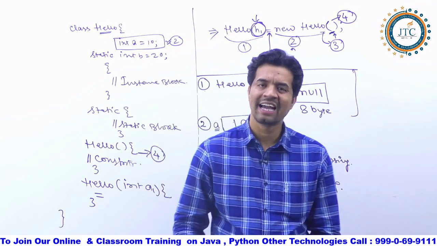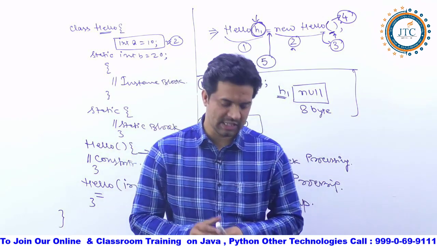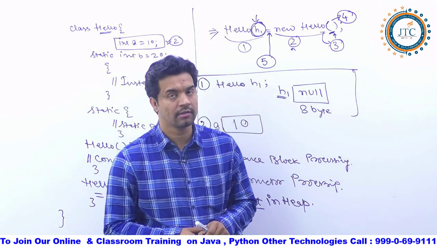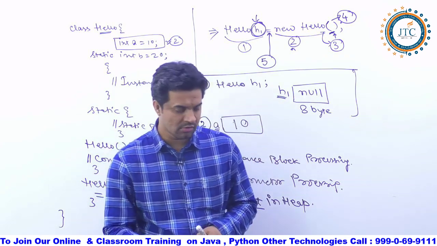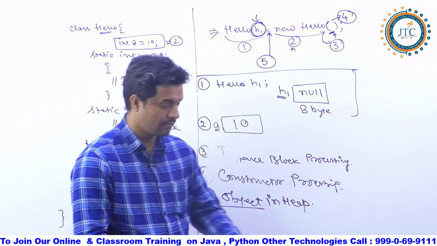Now, have a look at this side. Whenever we have created an object of a class, at the time of object creation, see what output we have got here, friends.